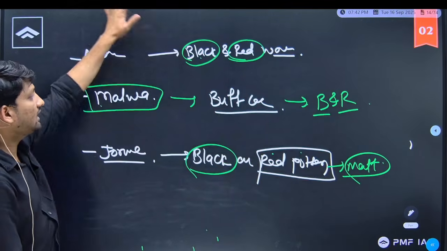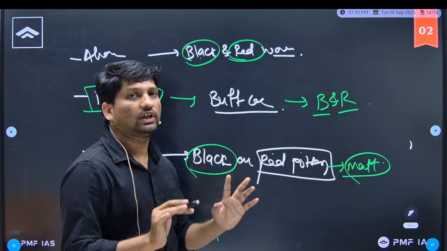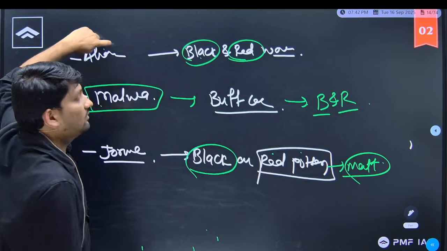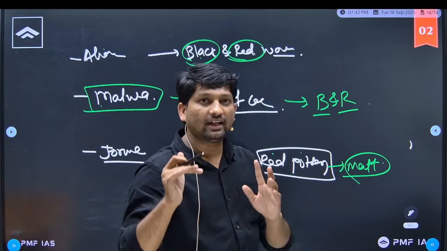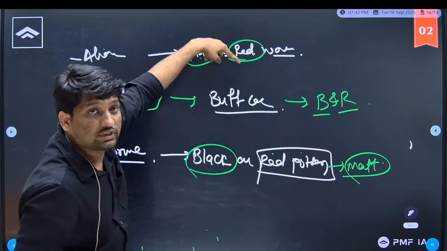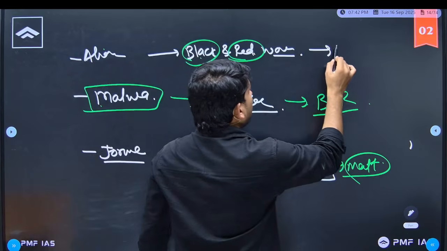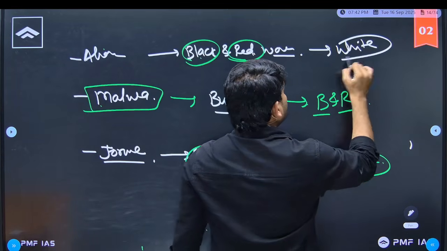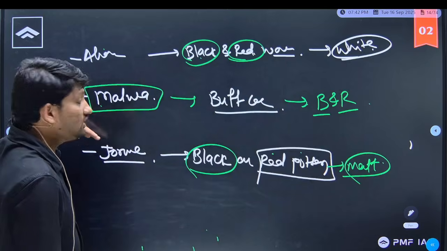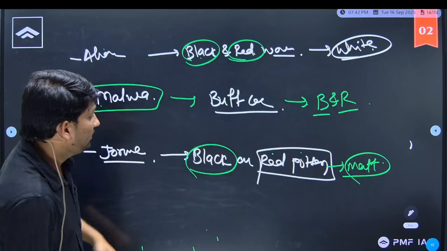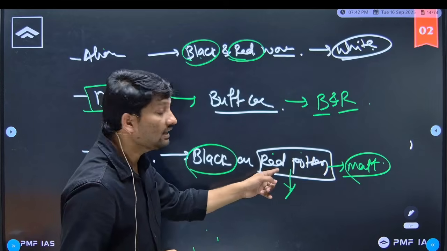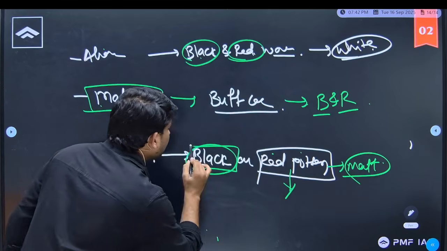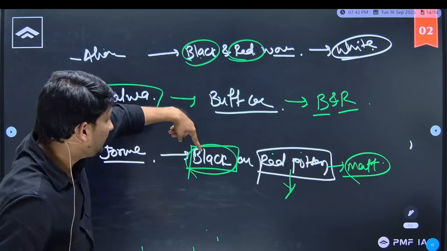So remember, these are the types of pottery we have found. In this Ahar culture, most of the pottery is black and red ware, and here the design uses white color. In this Jorwe culture, it is black on red: the pottery was red and the design is in black color.